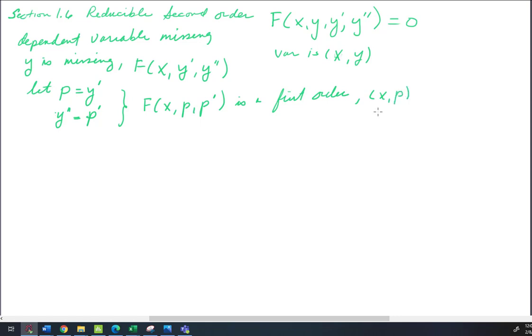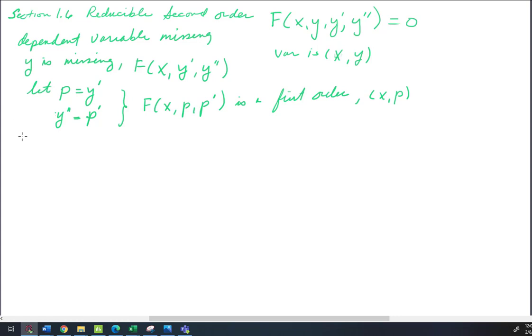P would be the dependent variable, x the independent variable. So that seems fairly straightforward, and I guess we ought to give it a try and see if it works out as straightforward as it appears.